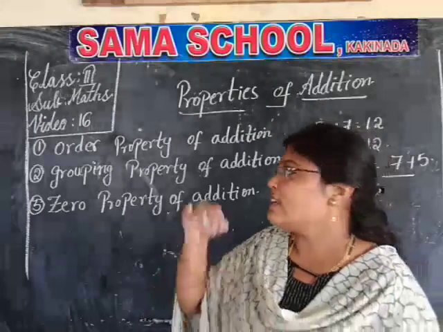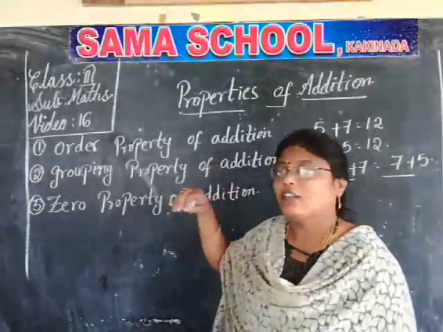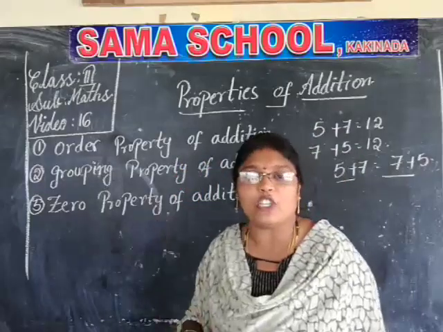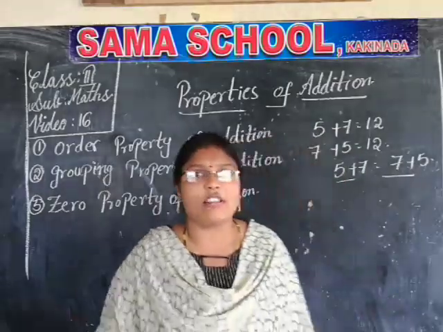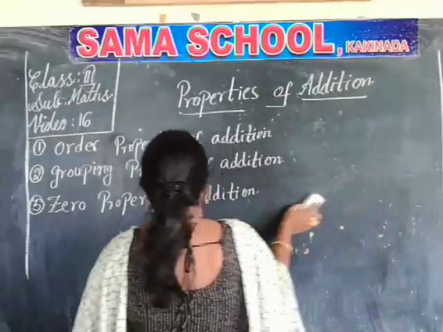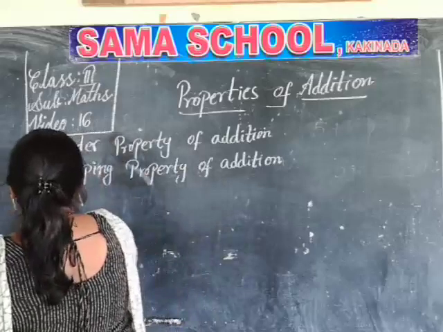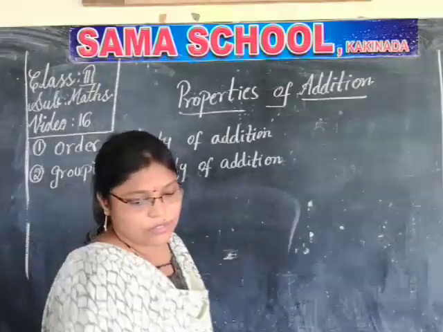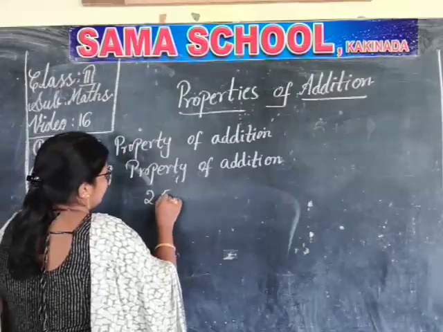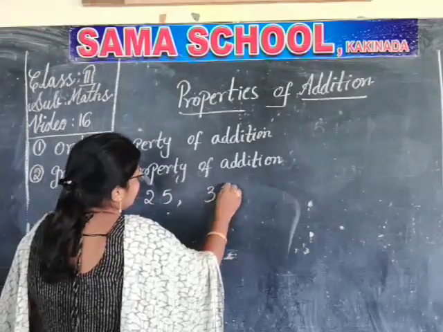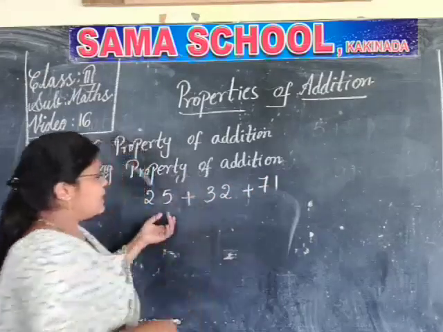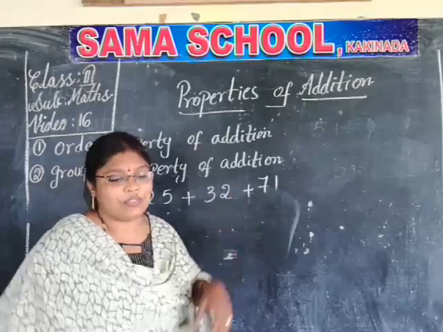Now, let us move to the next property. What is the next property, children? Grouping property of addition. Let us take any three numbers, that is 25, 32 and 71. 25 plus 32 plus 71.